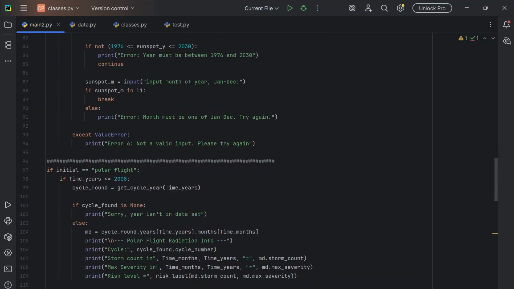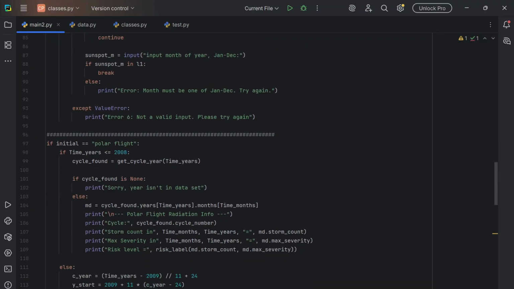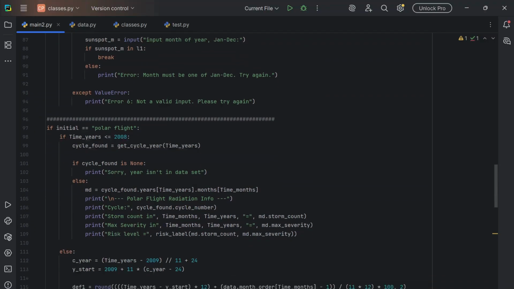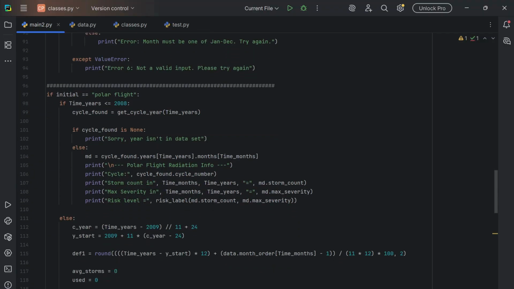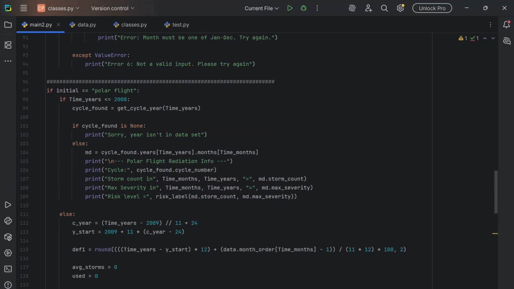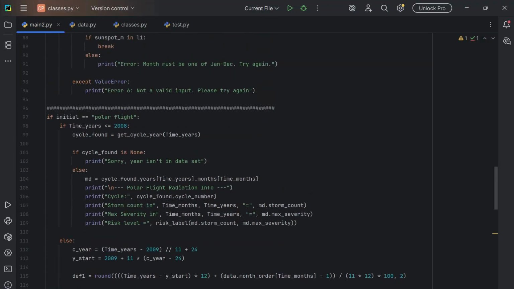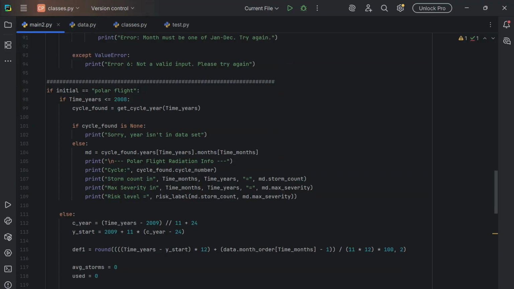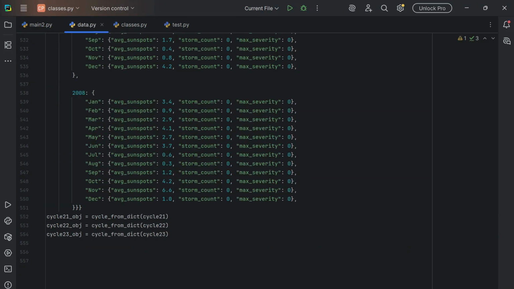After you input the month and the year, the code checks if the month is in that list of 12 months, and if so, it breaks, and then we continue on to polar flight and solar cycle. Speaking on the initial years, if the time is less than 2008, it's going to be pulling directly from the data which we have right here.